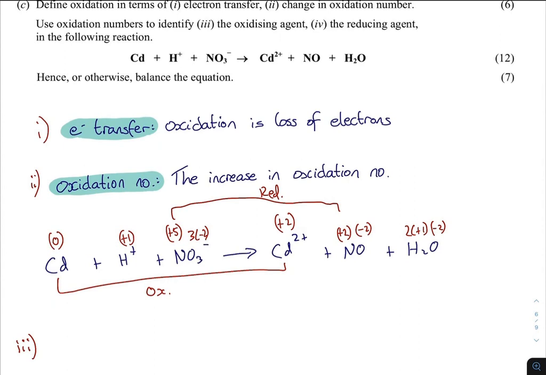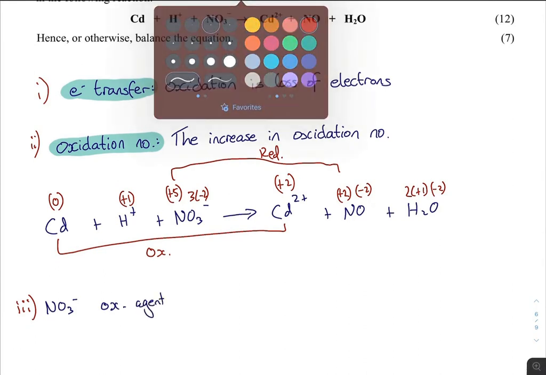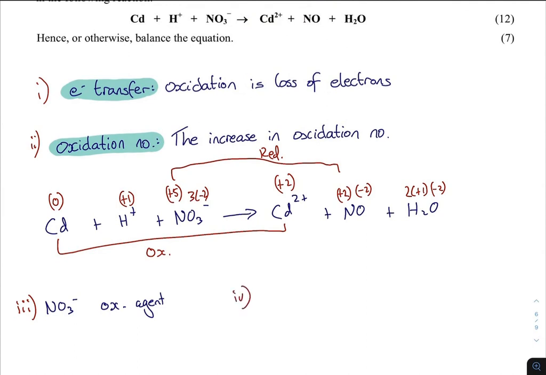You can refer to nitrogen sometimes, but it's better to write out the whole thing, the NO3- is the oxidizing agent. And part IV, the reducing agent in this case has to be the cadmium, because itself has been oxidized.